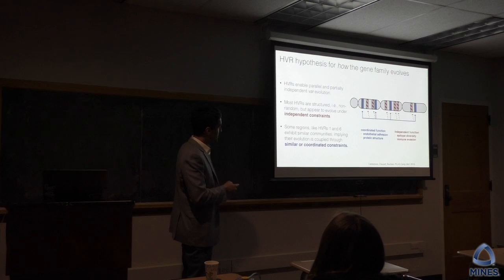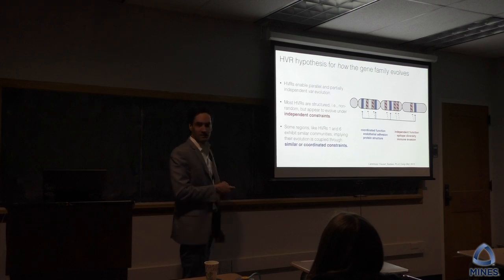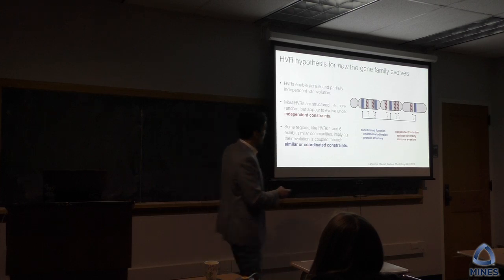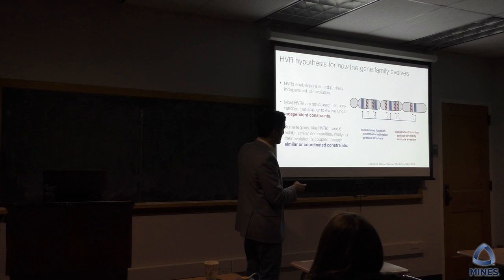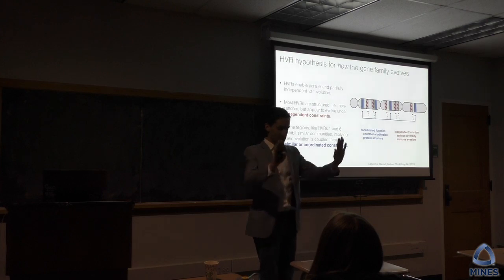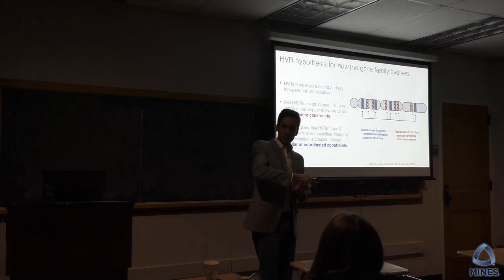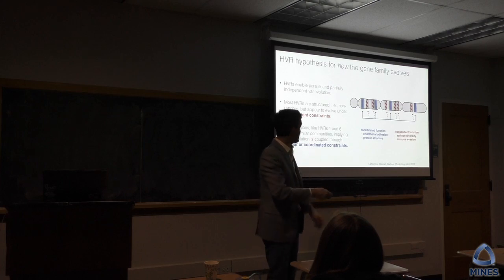But some regions, like 1 and 6, exhibit similar communities, implying that their evolution is coupled somehow through similar or coordinated constraints. So why would you have coordinated constraints? Well, maybe you need coordinated function like endothelial adhesion or protein structure. If you don't have these two pieces of the protein moving together, then it no longer folds correctly or no longer binds correctly.